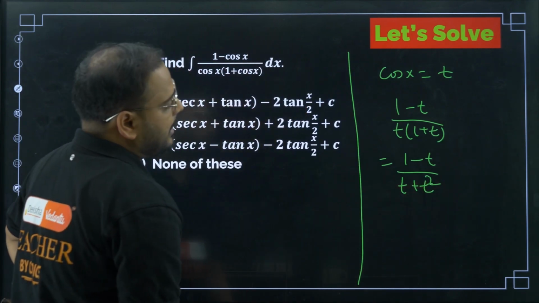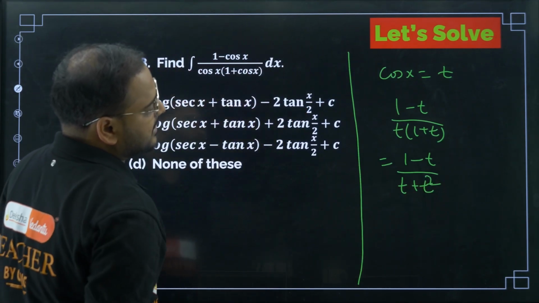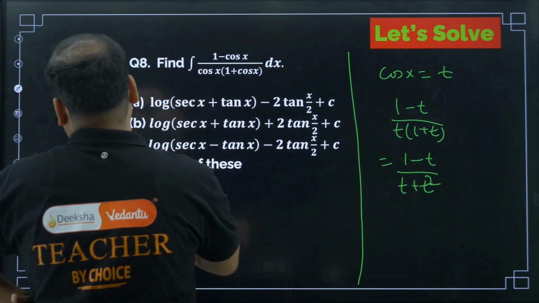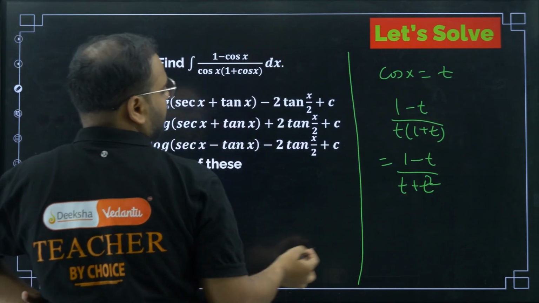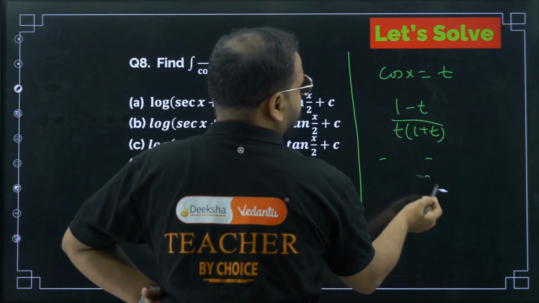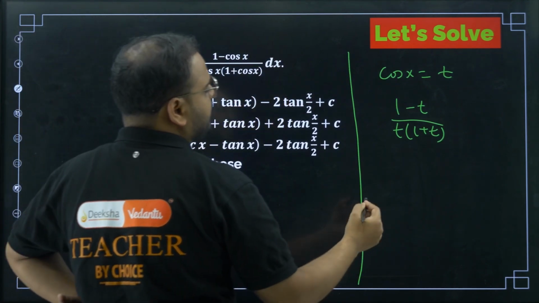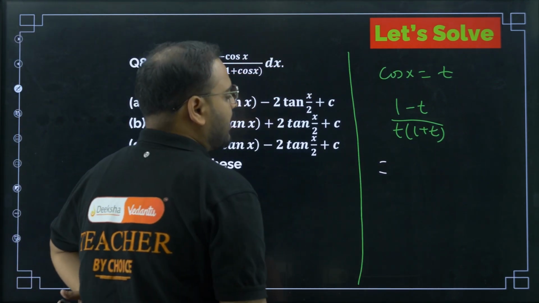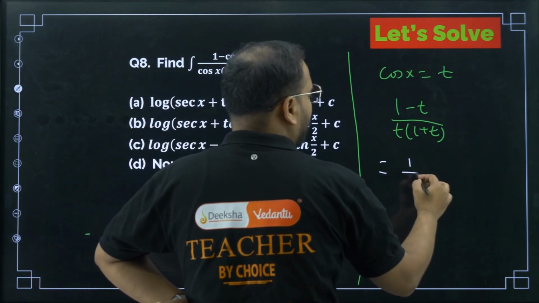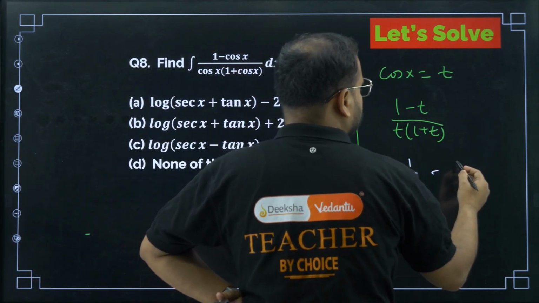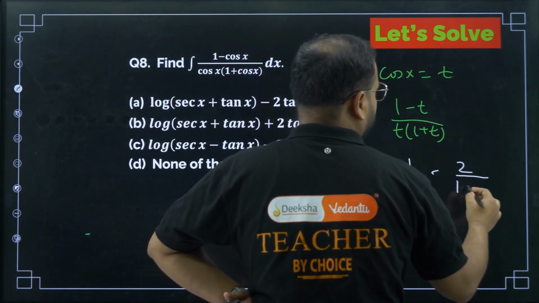Now please have a look, I can write this as the same thing. Don't write the multiplication over here, because I have to find partial fractions. So I can write this as 1 upon t minus 2 upon 1 plus t.